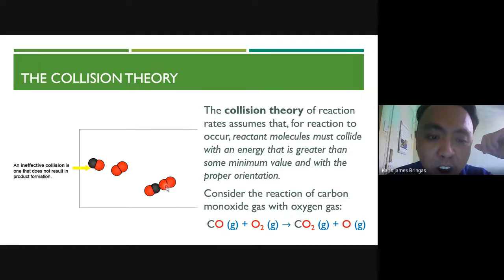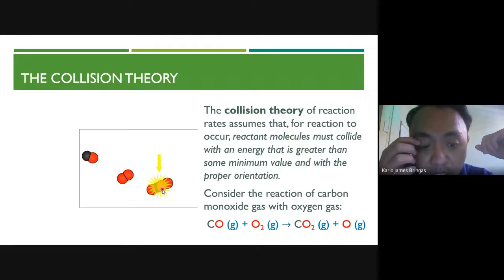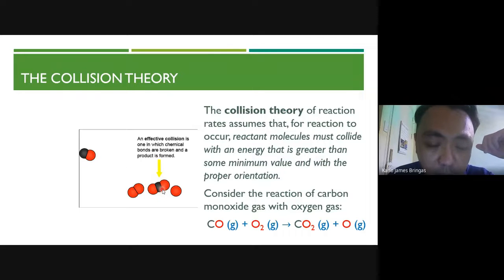And furthermore, this oxygen atom is colliding with the carbon atom of our CO. So as a result, if we focus on just these two, we observe that something actually occurs. And finally, our product CO2 was able to form. Since a product has formed, this is an example of an effective collision.